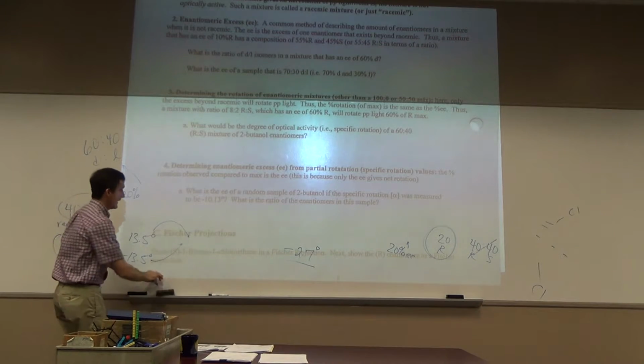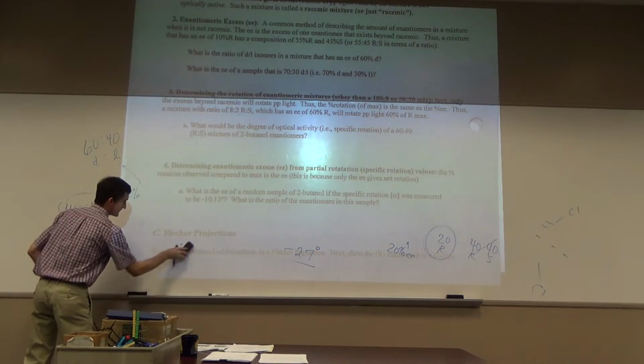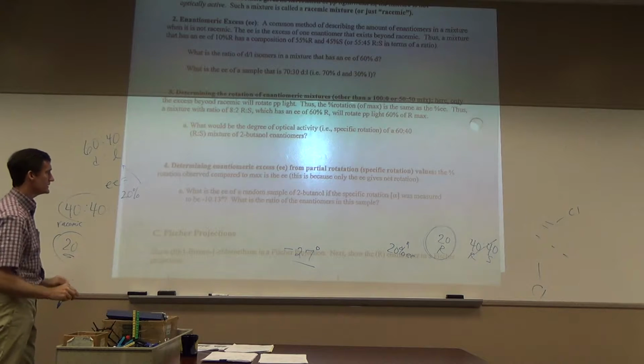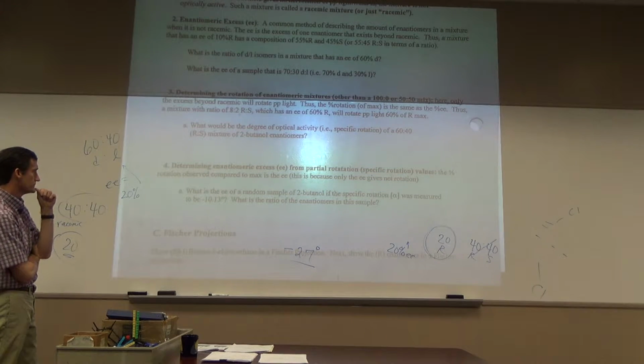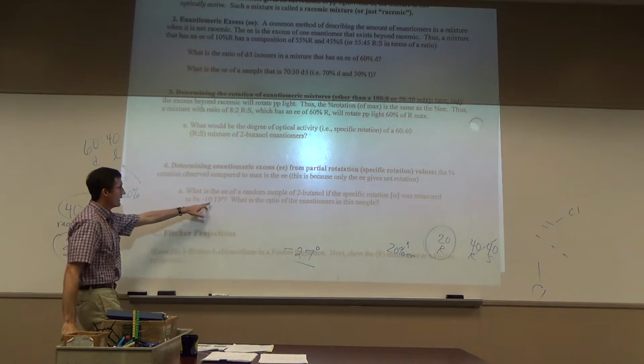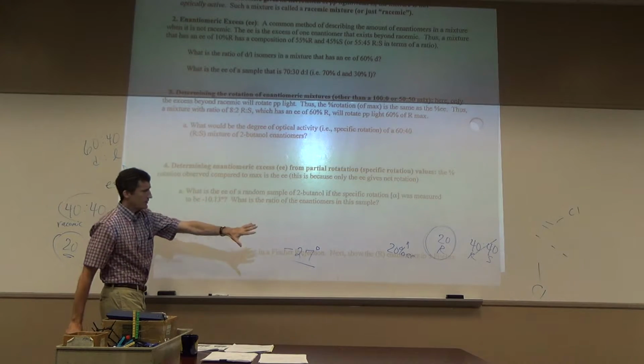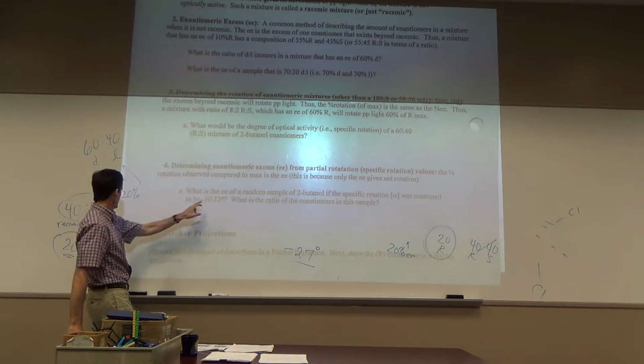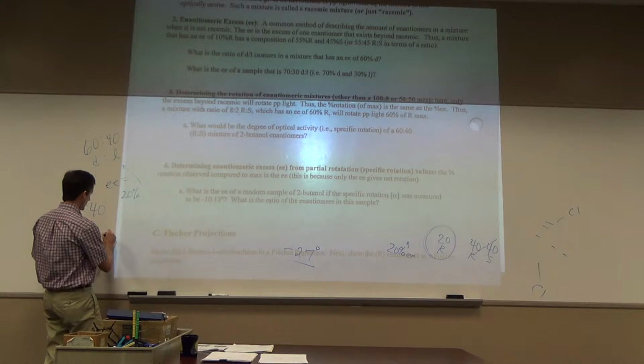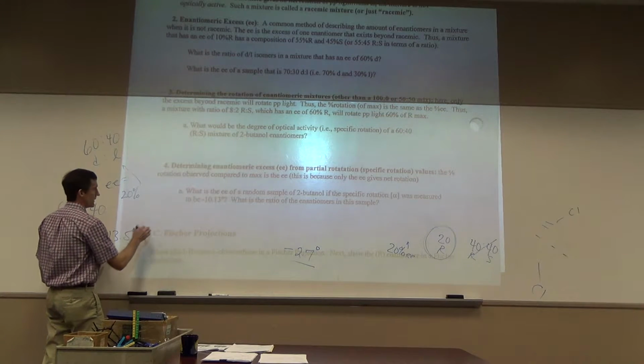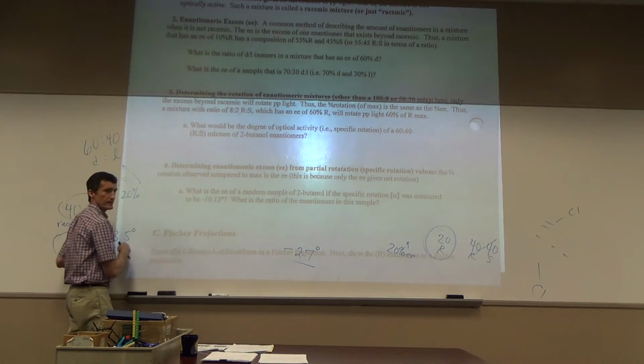Okay? So let me tell you how I do it. What is the EE? If we go backwards here, this is what percent of max? Max was what? 75%. This is what percent of max?